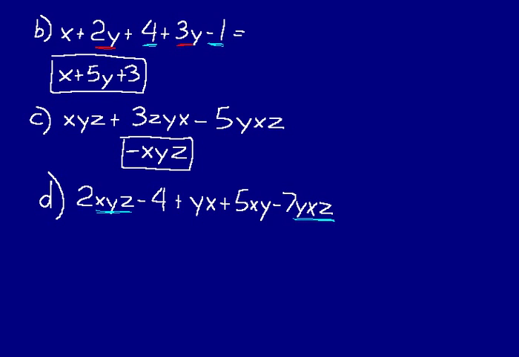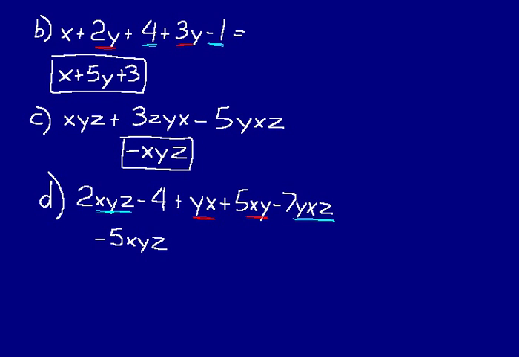And now we have a yx and an xy. So those are like terms as well. So let's underline those in red so that we can remember that those are like terms. And then we just have that negative 4 there by itself. So let's go ahead and start to add these up. Let's add the xyz's first. We add the 2 and the negative 7. That would be negative 5xyz.